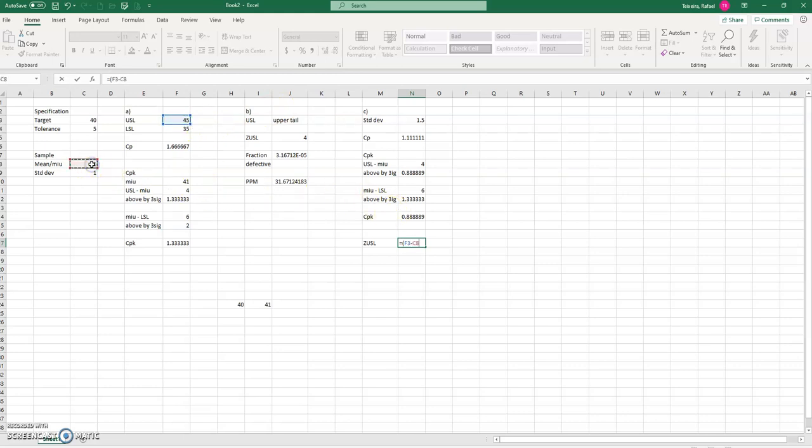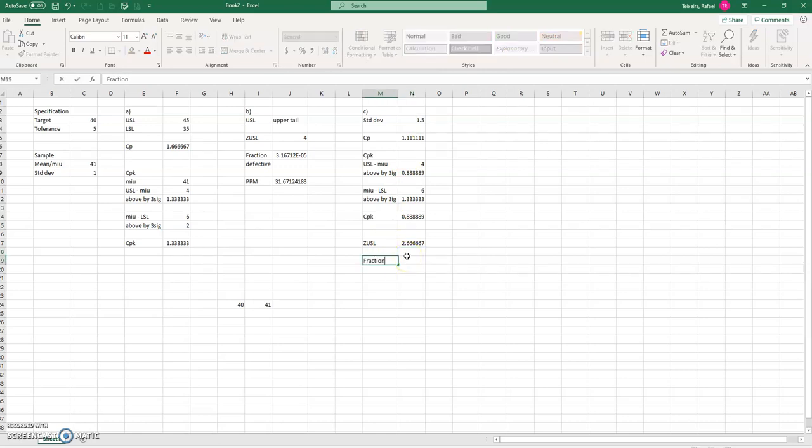The mean is 41, okay, and I have to divide this number by not three times, just the sigma, just the standard deviation, which in this case is 1.5, because the variability increased from 1 to 1.5, okay? So that's my z value associated with this upper specification limit.